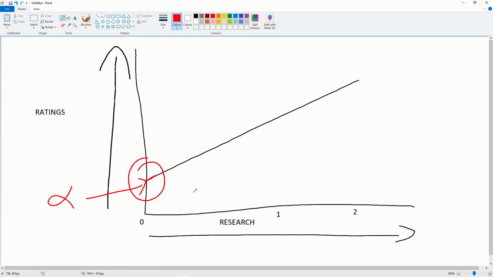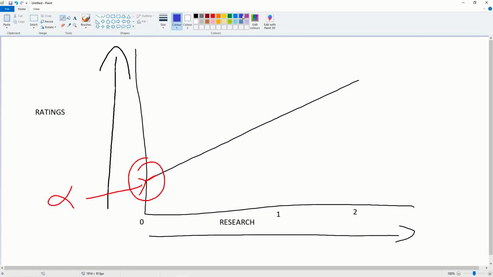The other way of looking at it is if I go along my x-axis for research and find 0, and I go up to my regression line, that's my intercept. So before, when I was saying that your A, your intercept, your constant, represents your DV score when your IV equals 0, I literally mean if I was to draw this line of best fit and find 0 on my IV, it's whatever my y-axis value is. It's whatever my DV score would be.